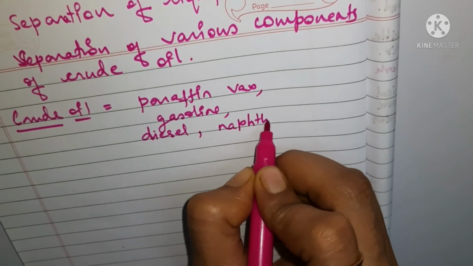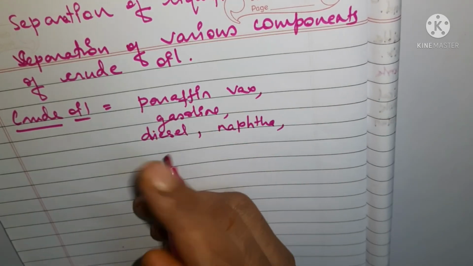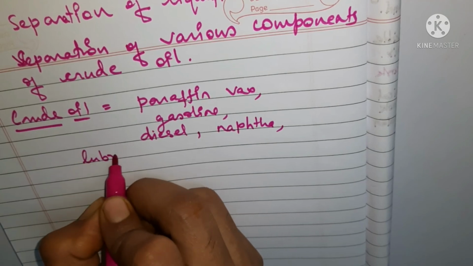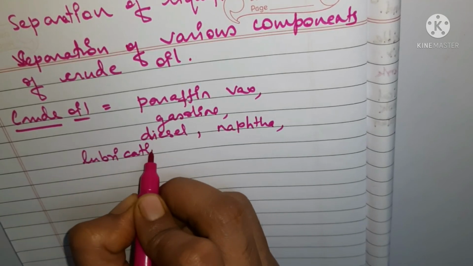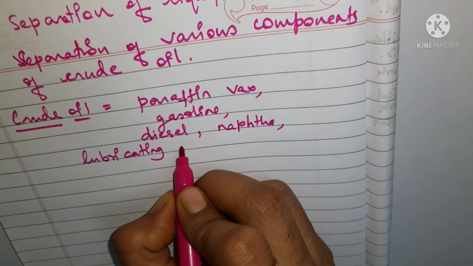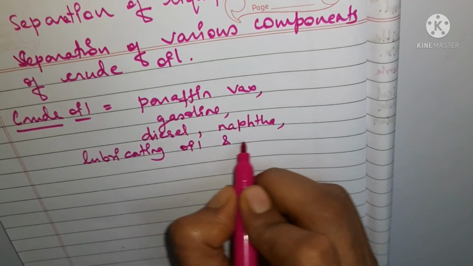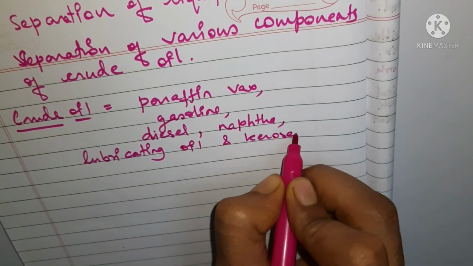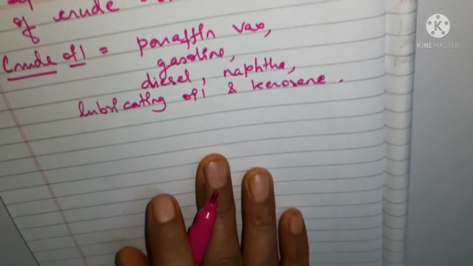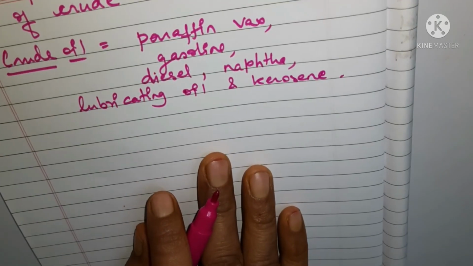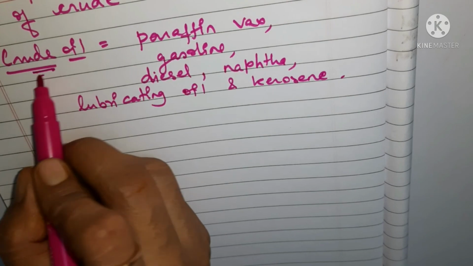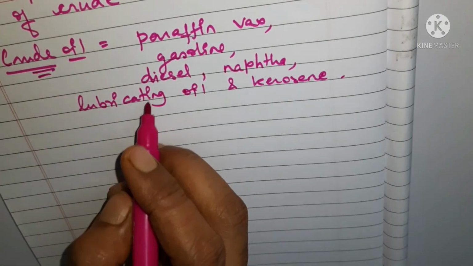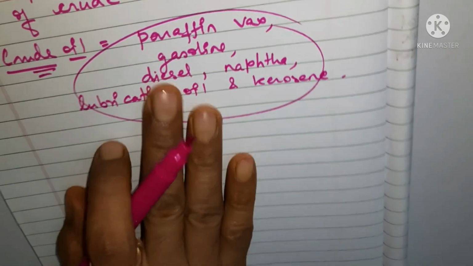You can also get lubricating oil out of it, and even kerosene you can find. So these are the things which are separated out of crude oil, and fractional distillation helps a lot in the case of crude oil.